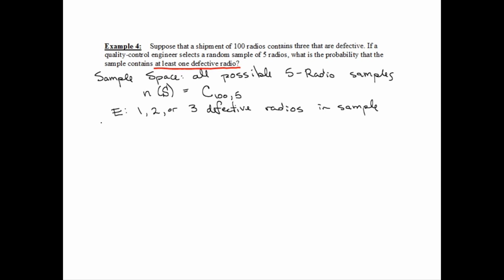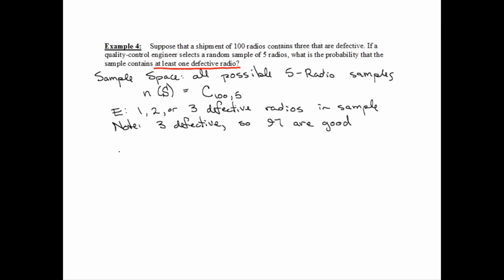Okay, so we have 3 that are defective, and so how many of the 100 are good? 100 minus 3, so 97. That tells us how many good radios we have to choose from.